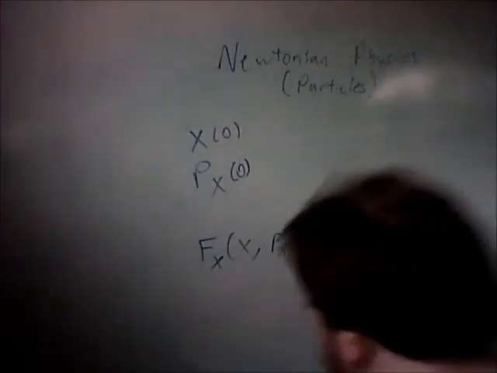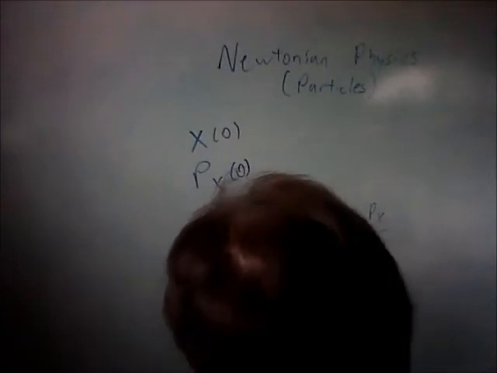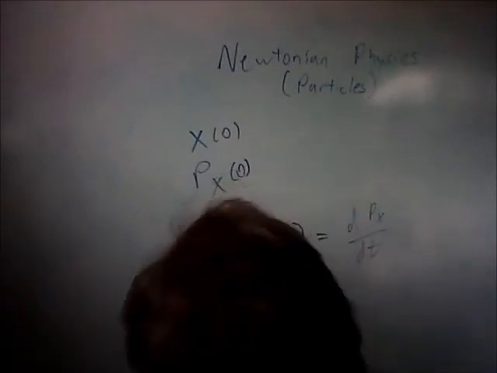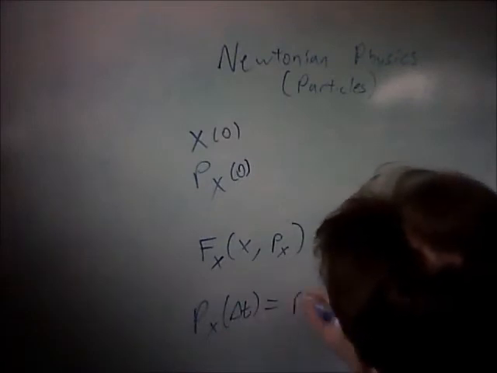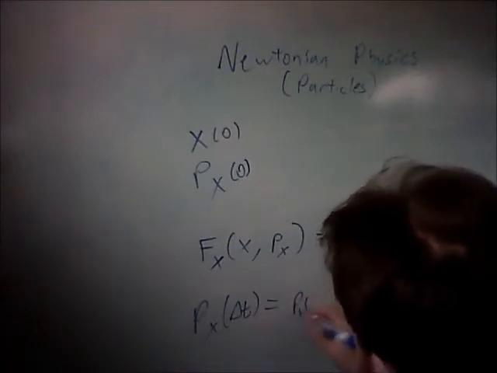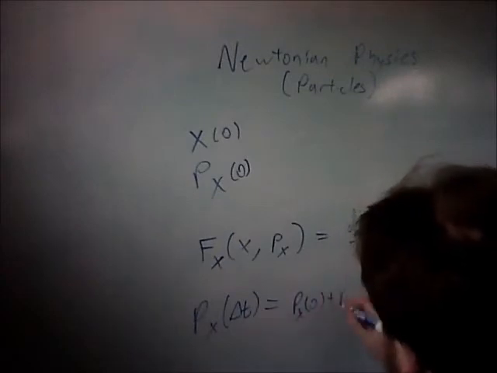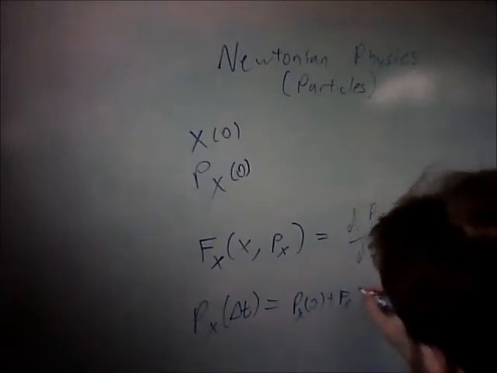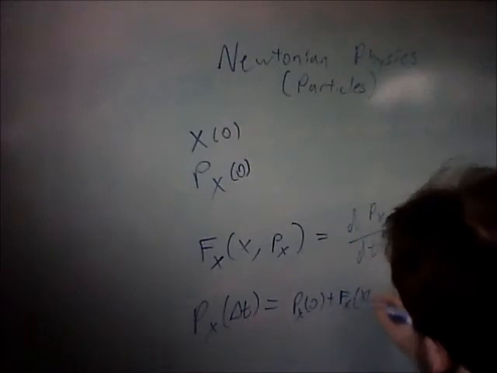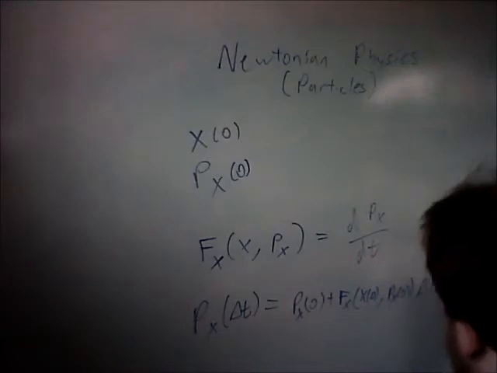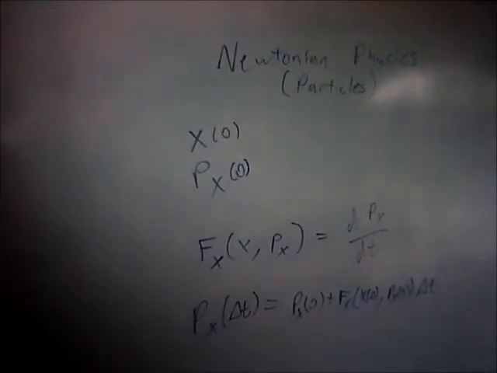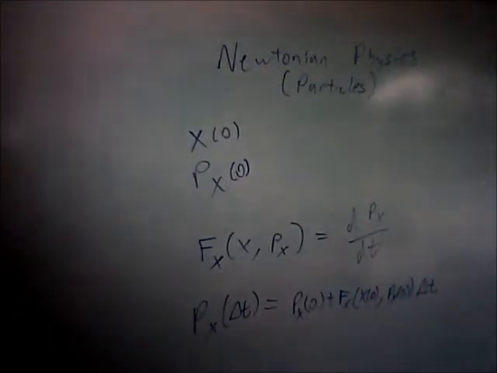It's p sub x of delta t is equal to p sub x of 0 plus f sub x of x of 0, p sub x of 0, times delta t. This law applies for sufficiently small time intervals delta t.